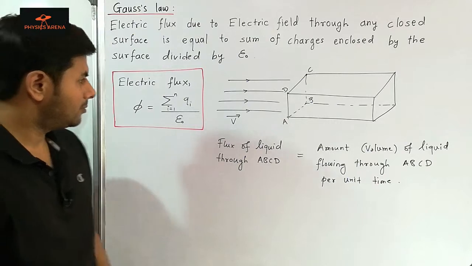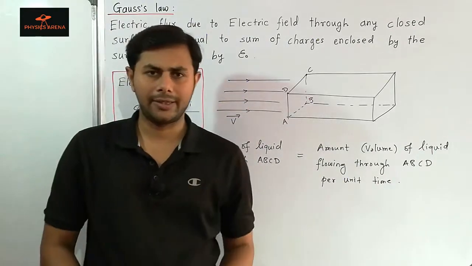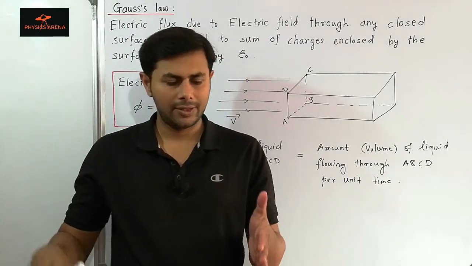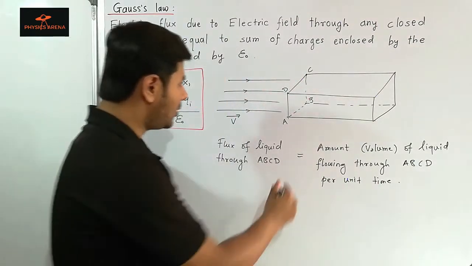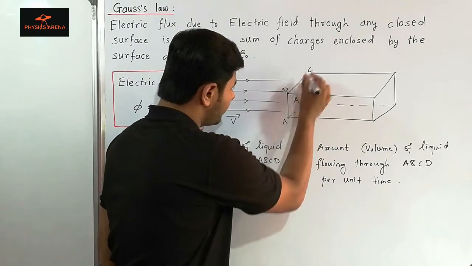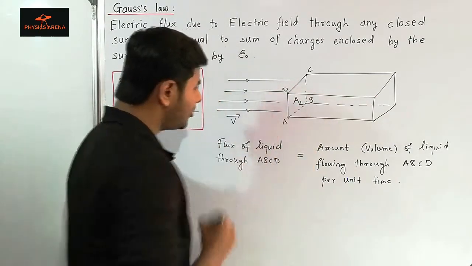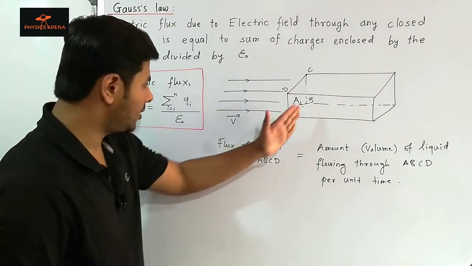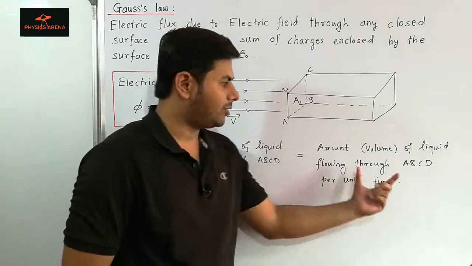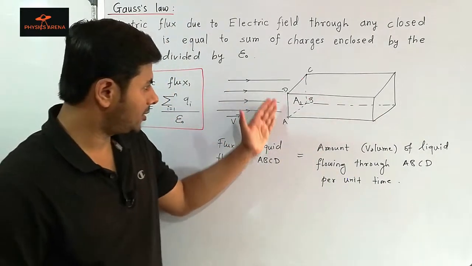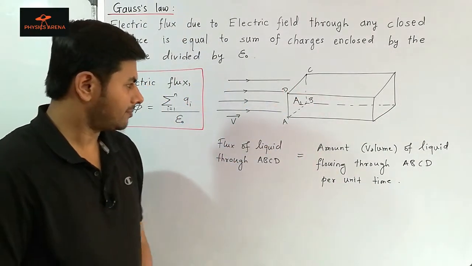Now suppose the fluid and that area ABCD are perpendicular to each other. So I will call the area of this surface A perpendicular because it's perpendicular to the flow of fluid. Now we have to find the volume of this liquid flowing through this surface per unit time.